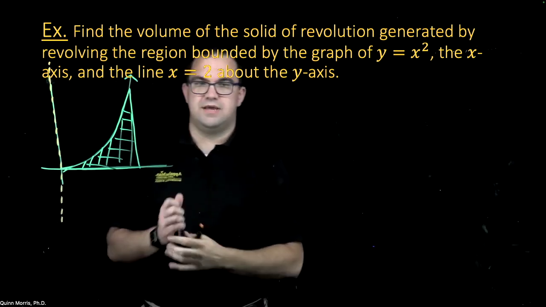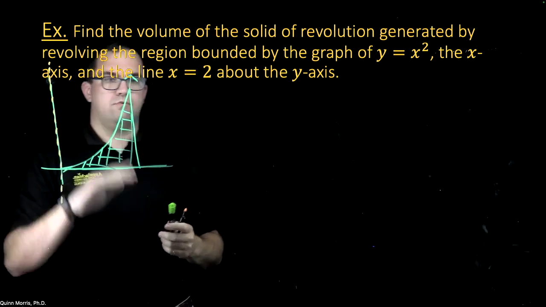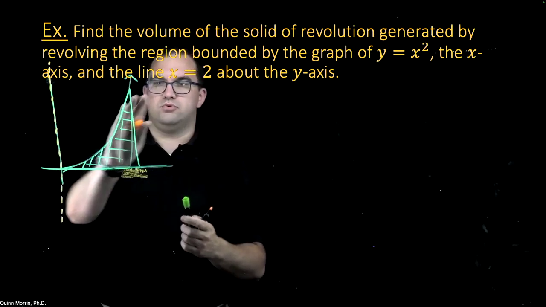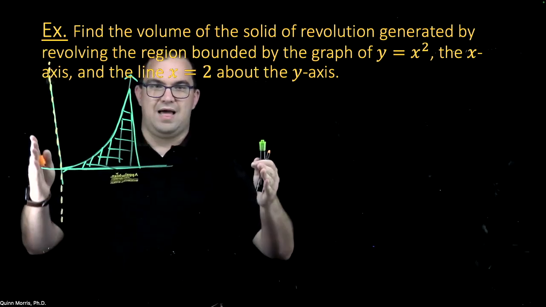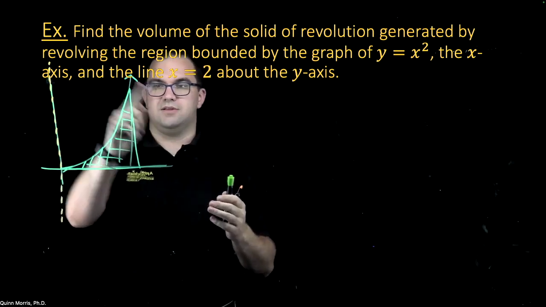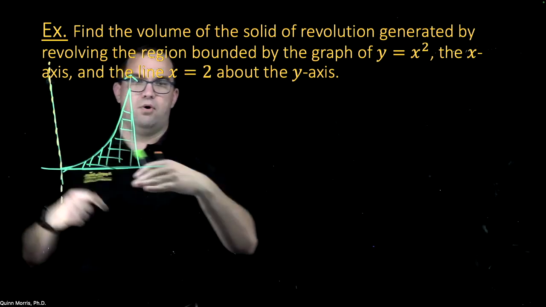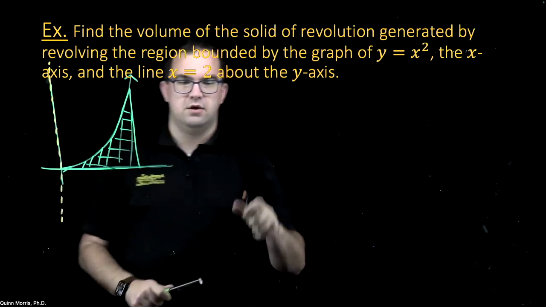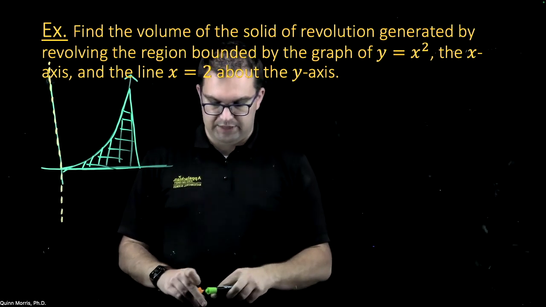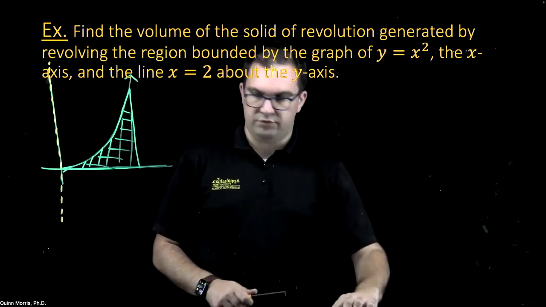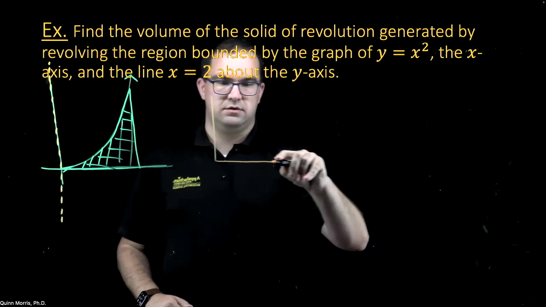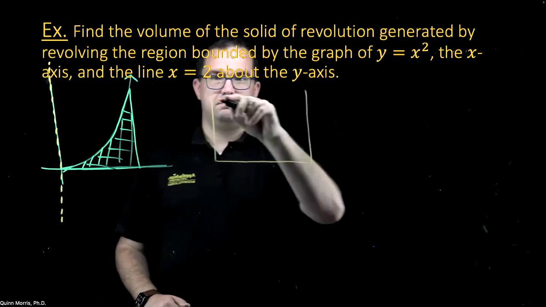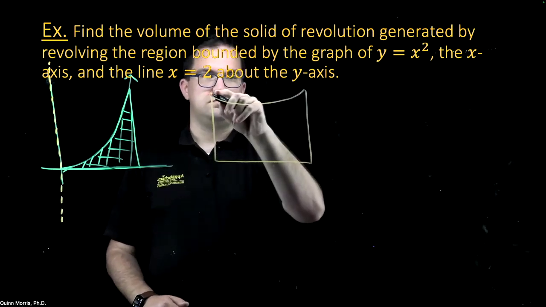Now, as you can probably start to tell, when I rotate here, I'm going to get almost this bowl shape. So this outside portion, I'm just going to get these flat sort of walls rotating around the outside. But on the inside, I'm going to have this sort of bowl shape carved out. So if I go to sketch this after rotating, the outsides are going to look sort of flat.